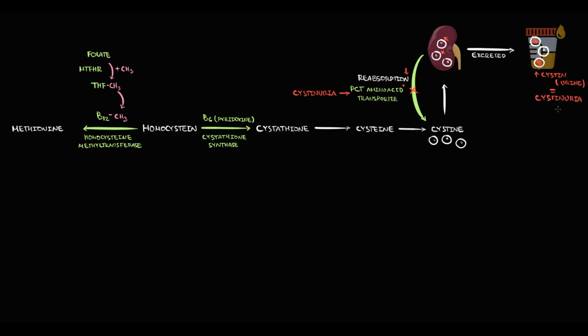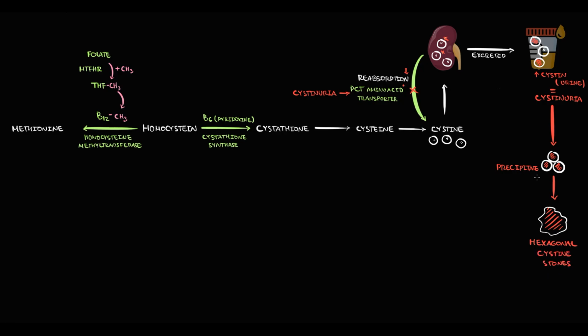The major problem here is that cystine is a very sticky substance. So once the concentration of cystine molecules increases, they begin to stick to each other. This process we call precipitation, and precipitation results in formation of hexagonal cystine stones in the kidneys.